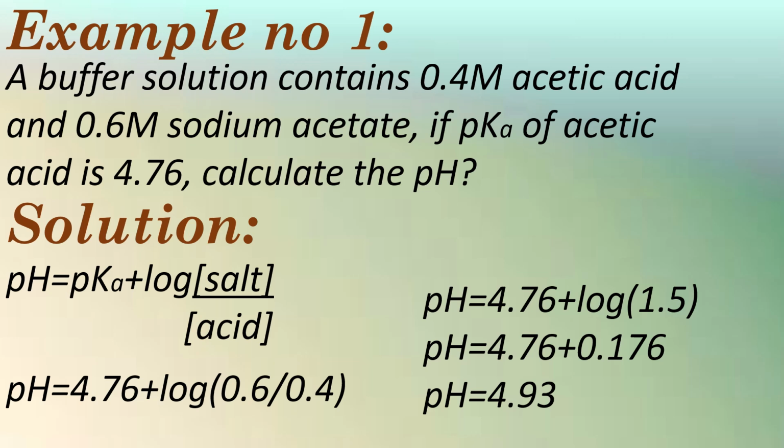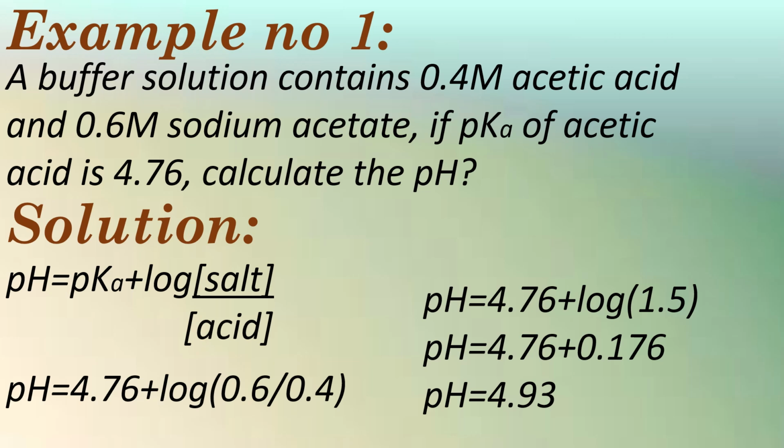Example number 1. A buffer solution contains 0.4 molar acetic acid and 0.6 molar sodium acetate. If pKa of acetic acid is 4.76, calculate the pH. Now, for the calculation of pH, pKa in these buffers, we have the equation known as Henderson-Hasselbalch equation.